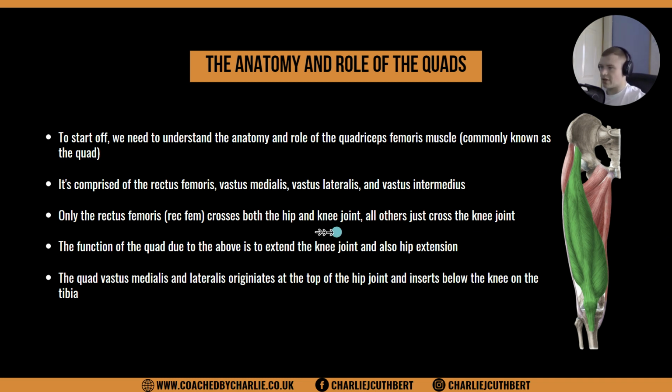Basically your quads originate at the top of the hip joint and insert below the knee, except for the rec fem, which will cross the hip, if that makes sense. So that's why when we're doing things like a leg extension, we'll work our rectus femoris more, because we're bent at the hip joint.